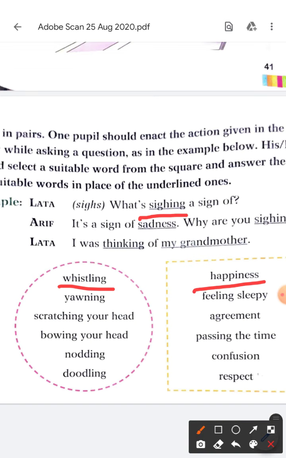And Lata saying, why whistling? You can be thinking of anything and whistling. Lata saying, I'm thinking about my school picnic. So she's whistling, thinking about it. Next, what's yawning a sign of? Yawning, you know what is yawning? Yawning is a sign of feeling sleepy.